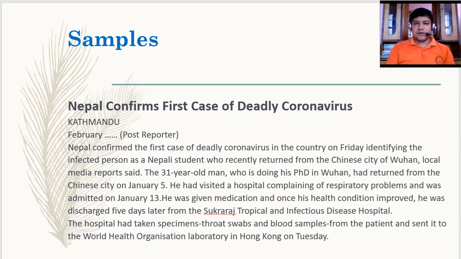But if you are writing about the past happenings, use past tense in the paragraphs and use present tense in the headings, and avoid the use of be verb in the headings. We don't use be verbs in the headings.